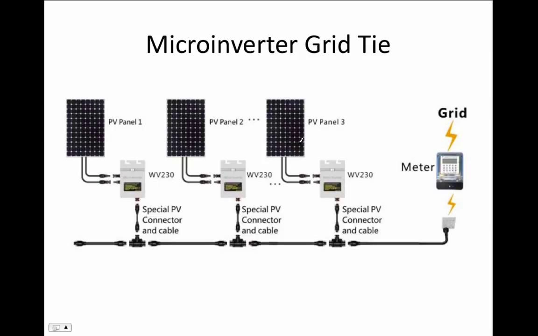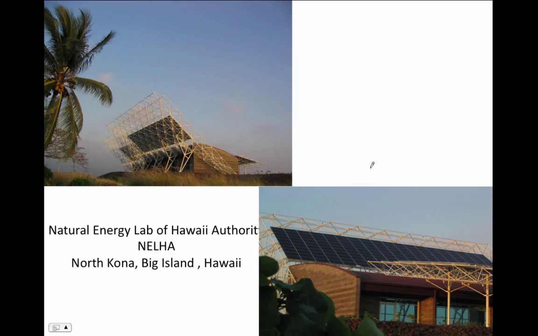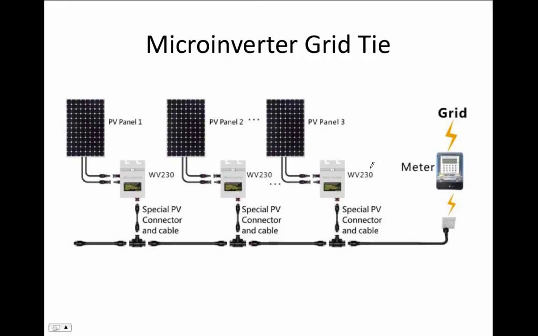So if one of them is doing poorly, you know which one it is, and you can replace that one panel. Whereas with a string inverter system, when something happens, it's a little harder to tell exactly what panel might be causing the problem. This is a fairly new development compared to the string inverters, and a lot of systems that are going in these days use microinverters.